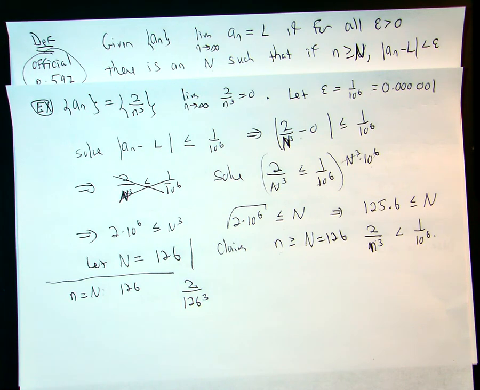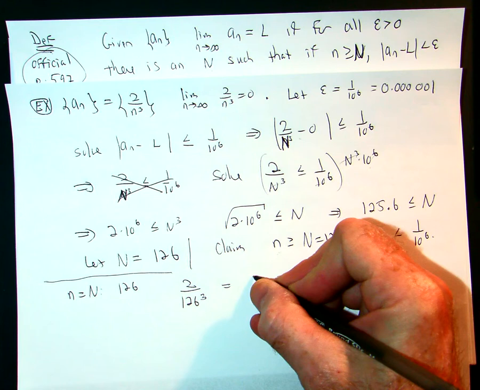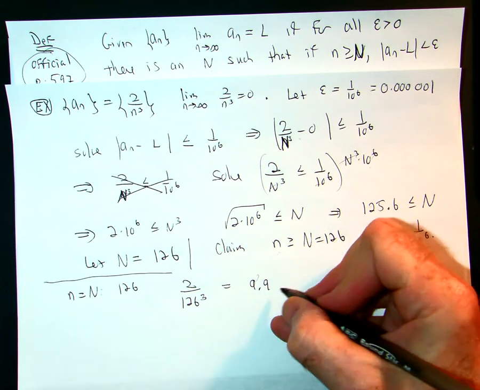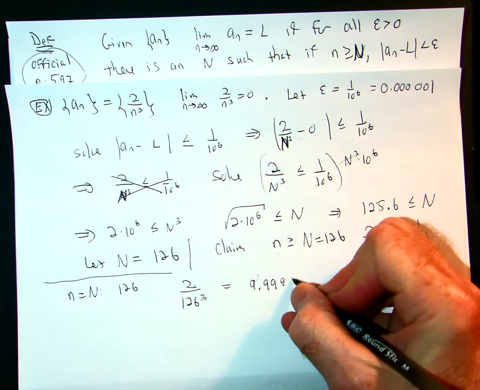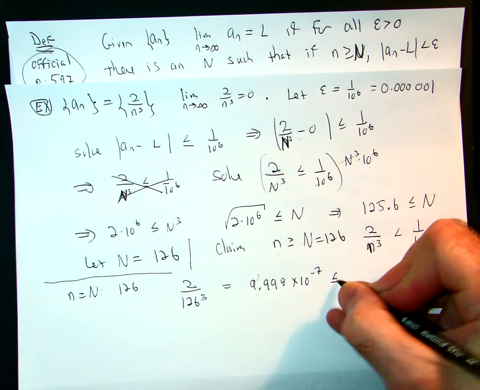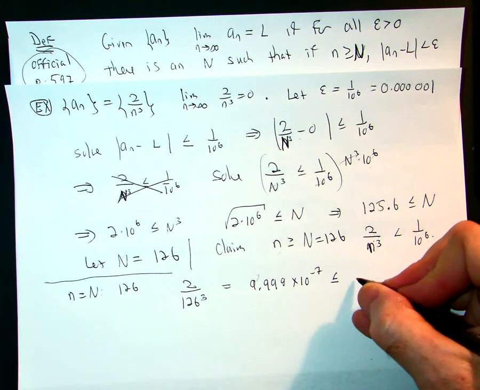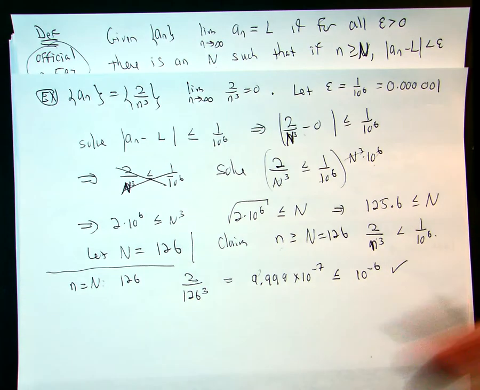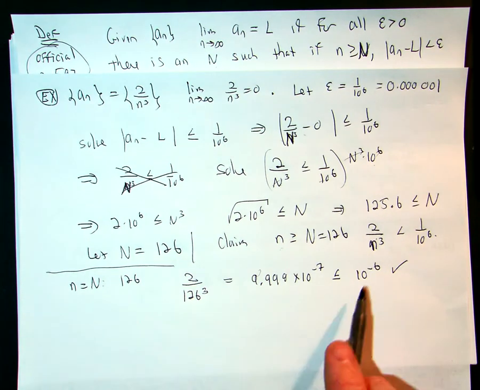Sorry, my calculator is messing up. Actually, I'm messing up my calculator, more likely. So I do that, and I get this is equal to 9.998 times 10 to the minus 7. That's going to be less than 10 to the minus 6. Yes. Okay, so when n is equal to 126, I'm a little bit less than that.